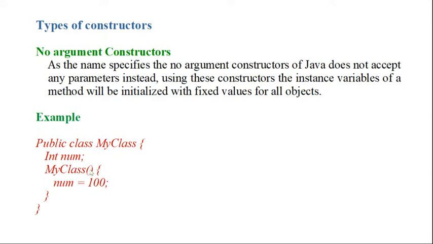Within the round brackets I haven't defined anything, so it's empty. When I haven't passed any argument or parameter within it, it means it is a no argument constructor, or a blank constructor.